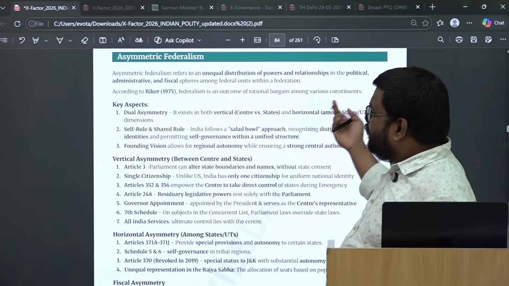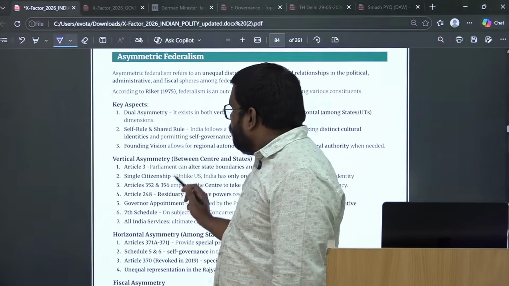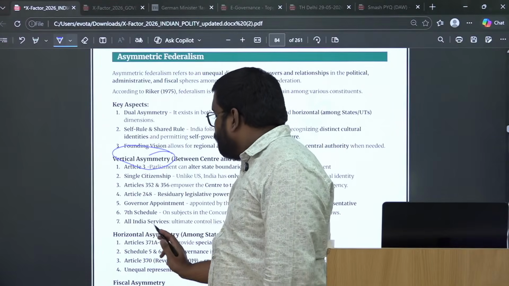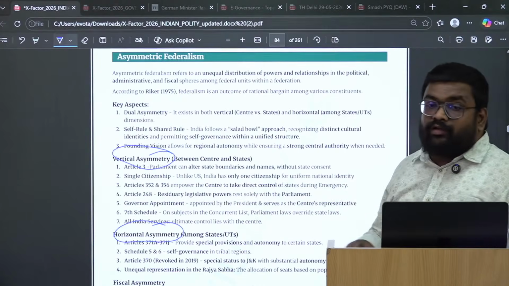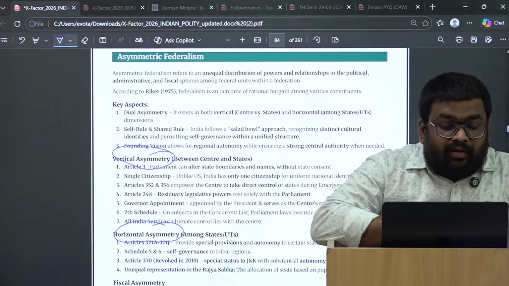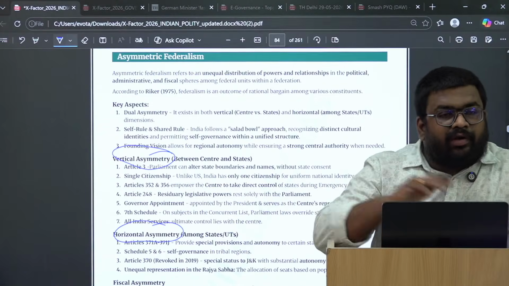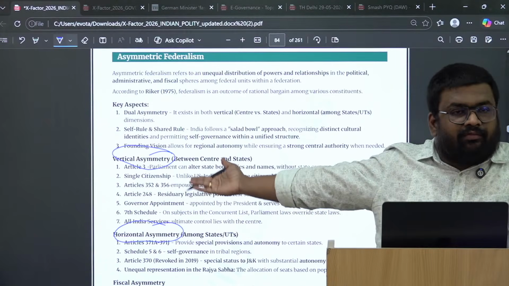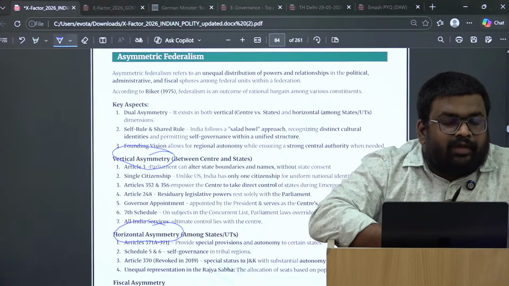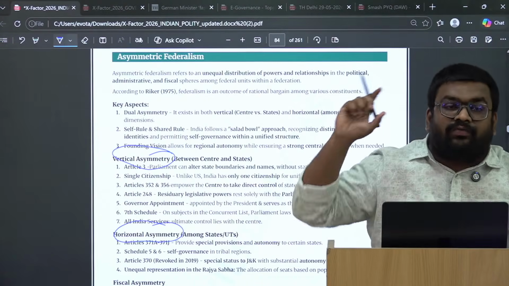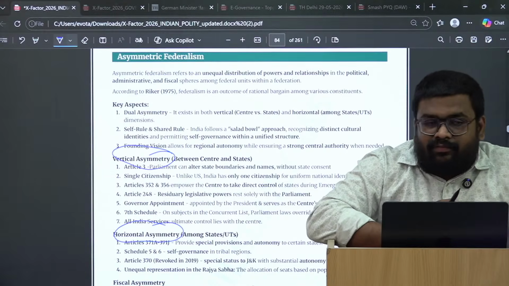Okay, next. Now comes this. So asymmetric federalism. Again, here also if you see key aspects में, we have one for classification, vertical, horizontal. ब्रैकेट में सिर्फ ये दिया, अगर if you get a question on discuss the asymmetric federalism in India, ठीक है, you have clear-cut classification, vertical, horizontal, easily you can provide at least 3 points each, and that classification will itself enhance the presentation aspect of your answer.